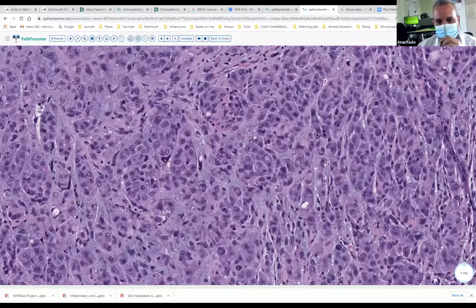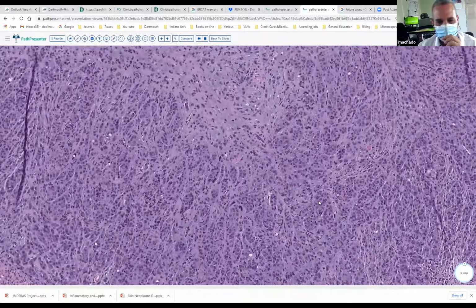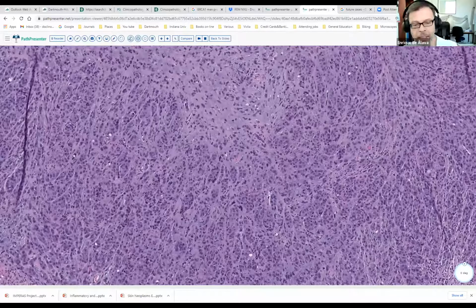Does anyone have any questions? Yes, of course, Enrique. Hi, very nice case, Konstantinos. I think this is obviously a case with epithelioid cells in a myxoid background. And there are also the vacuoles. I would like to figure out whether these vacuoles are mucin, or maybe even vascular or endothelial.